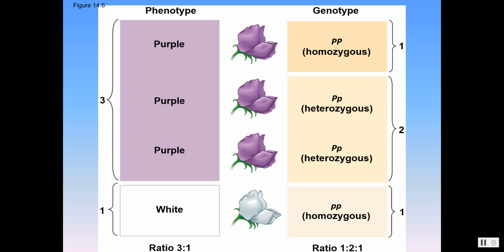So that flower has two genes that code for flower color, and they are both capital, both dominant. In the middle, even though the flowers are purple, the genotype is heterozygote, meaning one chromosome contains a purple gene, one chromosome contains a white gene. And at the bottom, two white genes. So the phenotype is the expression. The genotype is what the chromosomes actually look like.